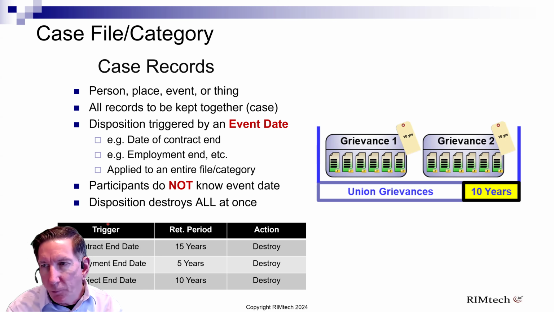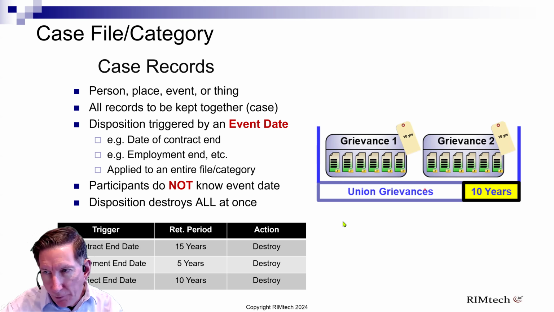So that's what case records are. And the intent, I choose my words carefully because there are exceptions, but the intent of the record software is to destroy all the records in the case at the same time as a group.